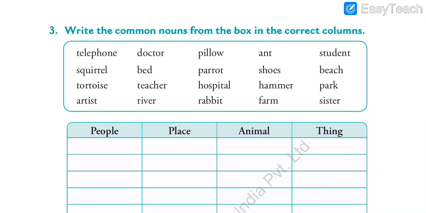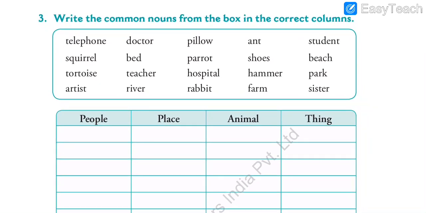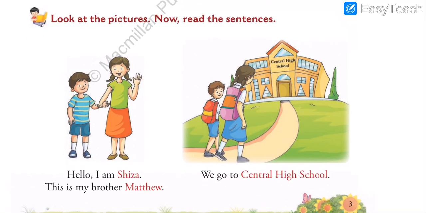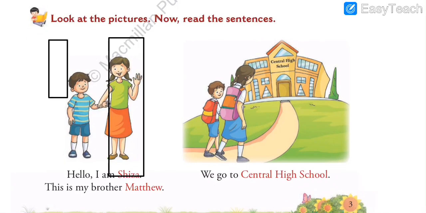The common noun means, I should repeat, the name which is used commonly for all the people or animals, not specifically for anyone. In short, it is called a common noun. And what is a proper noun? Totally opposite to it. If the name is given specifically to any girl or any boy, then it is a proper noun.